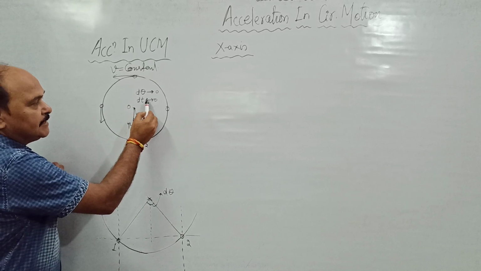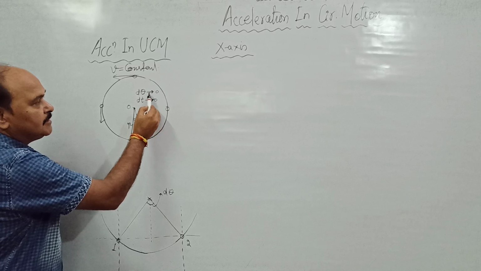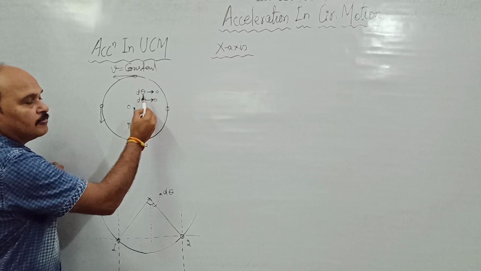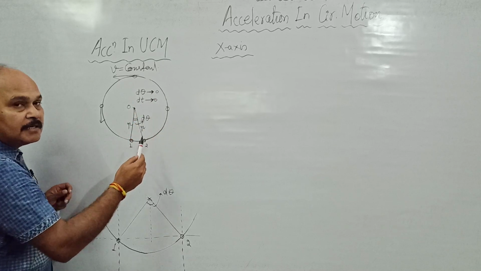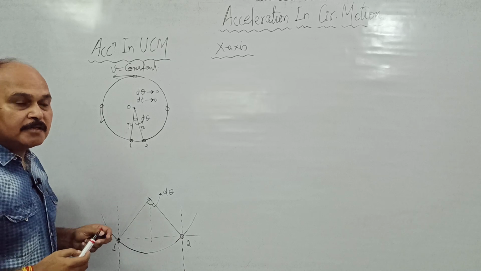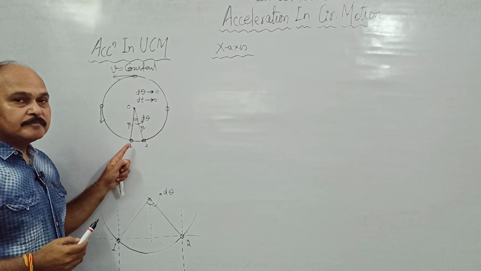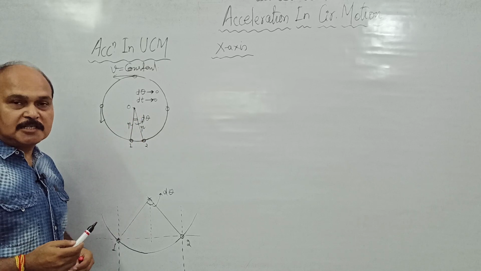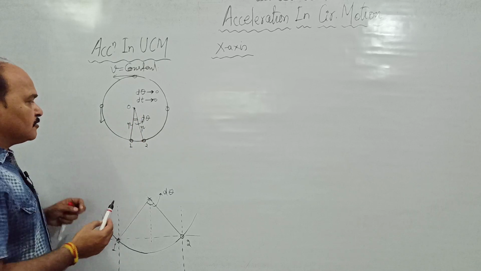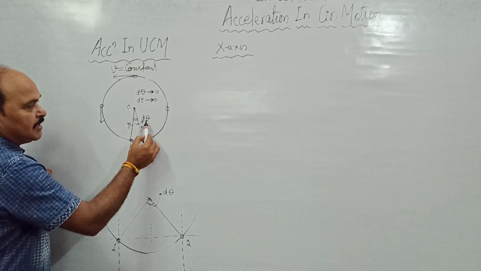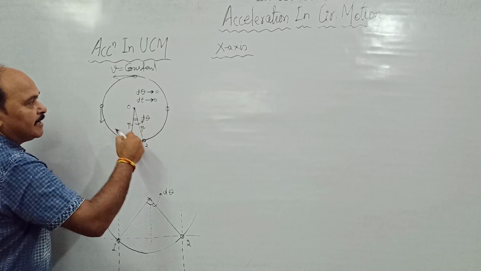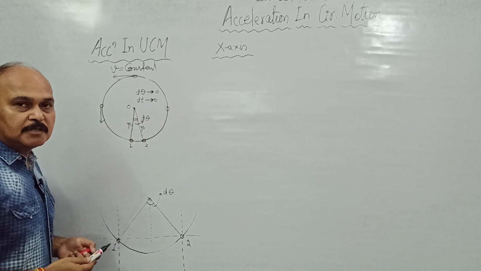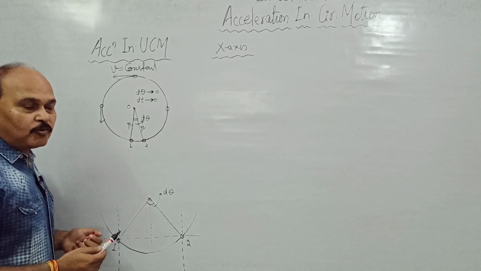So this dt tends to 0 and this d theta also tends to 0. So this d theta is angular displacement of this bob in time dt, and both are infinitesimally small. So this is point 1, this is point 2, and this is angle d theta, and r is the radius of this circular motion. So what is acceleration?